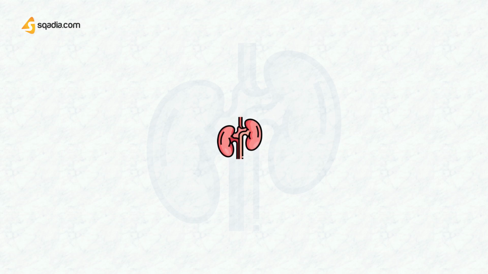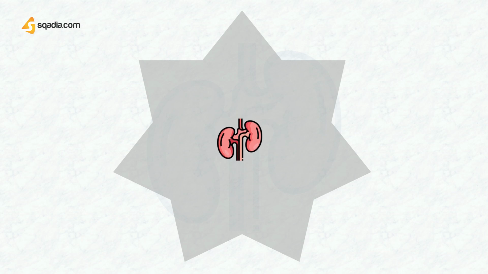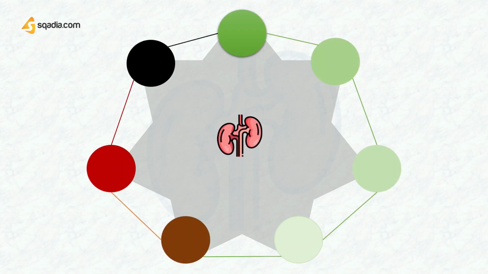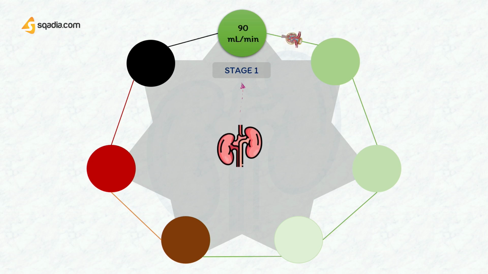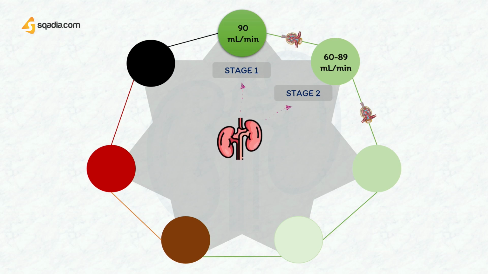So now that we have calculated our GFR, we are going to categorize our patient into different stages based on that. In stage 1, we have the normal or high GFR, which is 90 milliliters per minute or more. Then we have stage 2, which tells us there's mild chronic kidney disease, in which the GFR is 60 to 89 milliliters per minute.